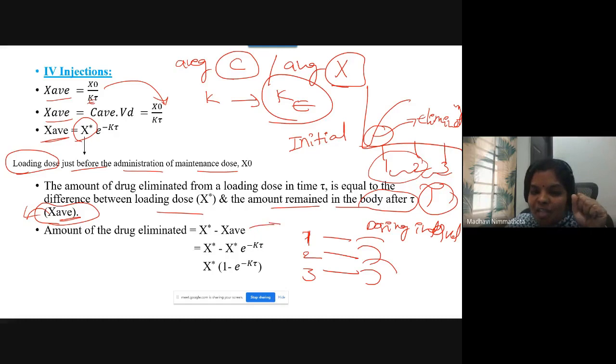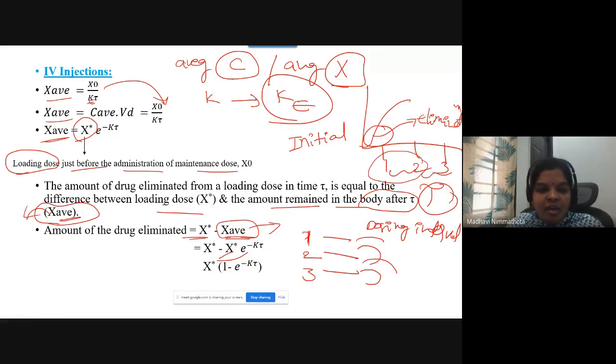So X average means what? The amount of the drug remaining in the body after a particular dosing interval. So how much of the drug is remaining and how much we are taking. Then you have X star minus X star into e to the power of minus k tau. X average is nothing but X star into e to the power of minus k tau.